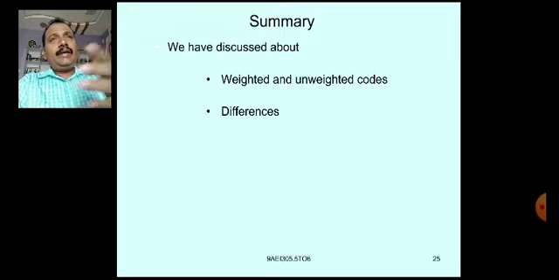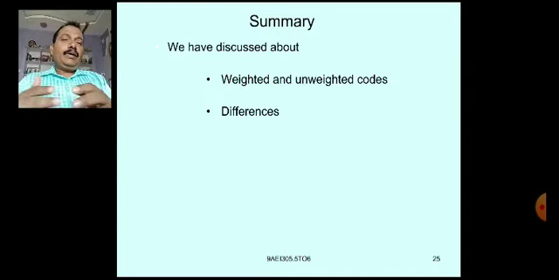From Gray to binary, how to do that? From Gray to binary, first you write the MSB as it is. Then, if you observe diagonally, add the diagonal bits and write down the sum bits. Like this you have to convert.